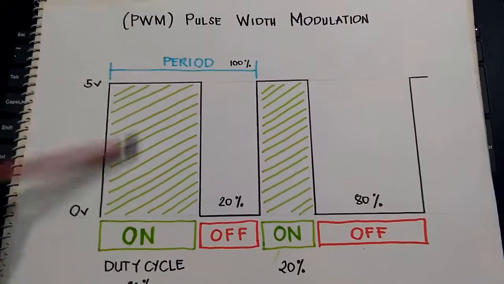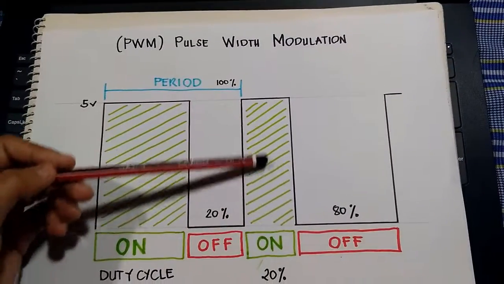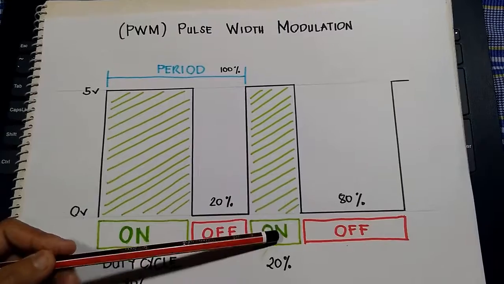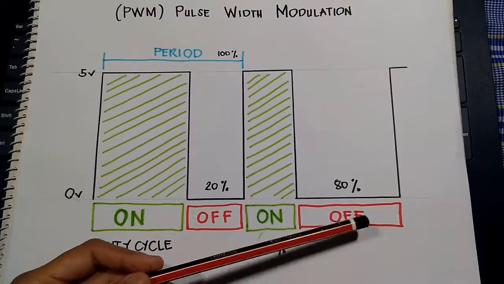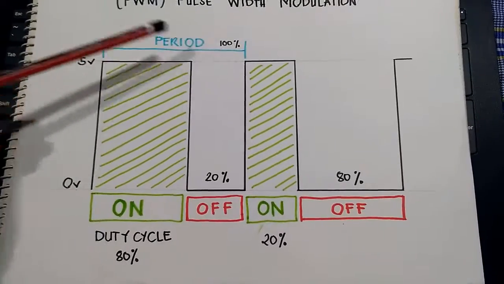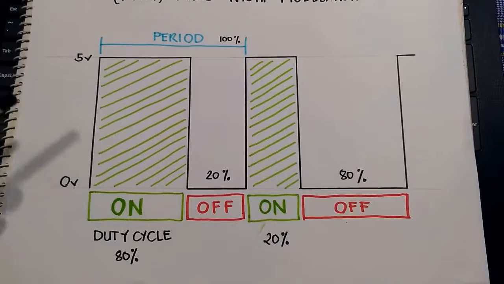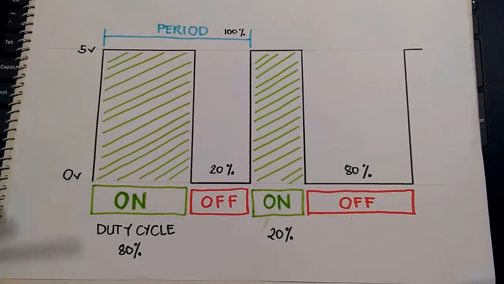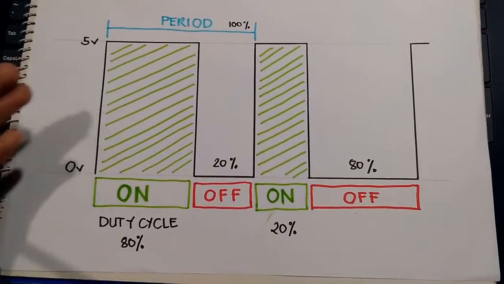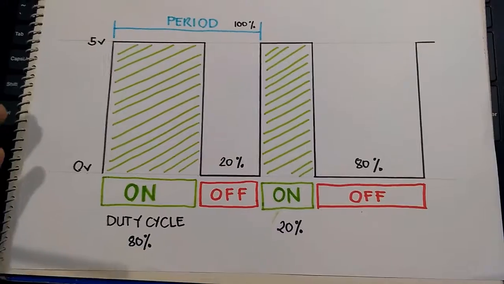So this is one period, and this other side is also one period, because this part indicates that it is turned on, and this part indicates that it is turned off. Under one period is a duty cycle, which is the time an electrical current is being passed on to a device, or how long an electrical current is being passed on.